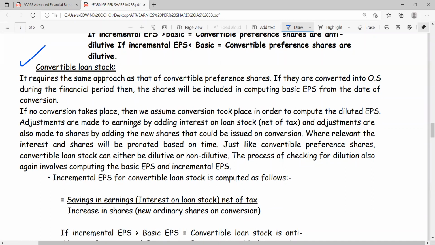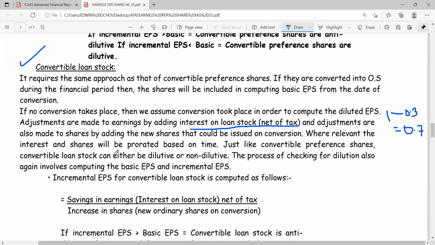What am I supposed to adjust? Adjustments are made to earnings by adding interest, net of tax, which I say is the tax shield, 1 minus T. T is my tax, 0.3, which will give me 0.7. So under earnings, I have to multiply the interest by 0.7, net of tax. Adjustments are also made to shares by adding the new shares that could be issued on conversion.